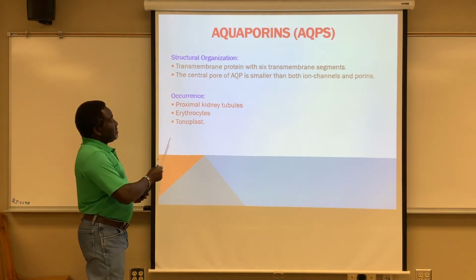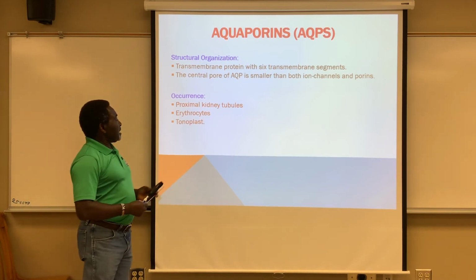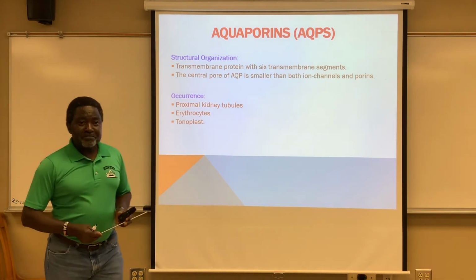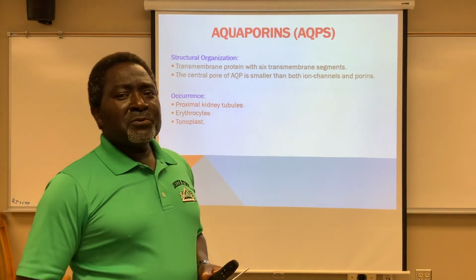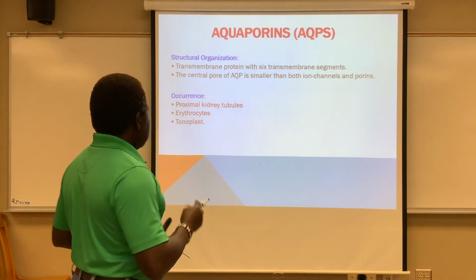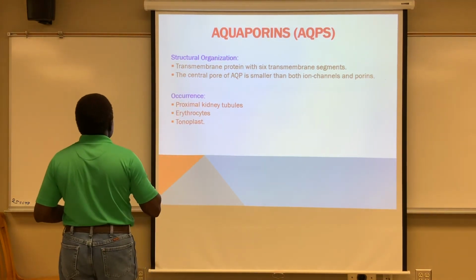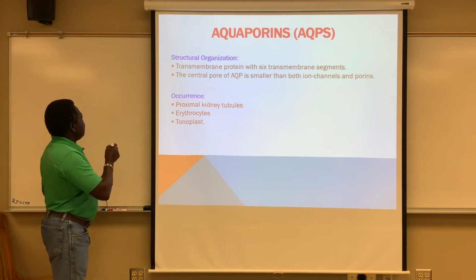We find these in proximal kidney tubules, erythrocytes, and tonoplasts. Proximal kidney tubules are found in the nephrons. So let's look at the organization of a nephron and where you have these and how they function.